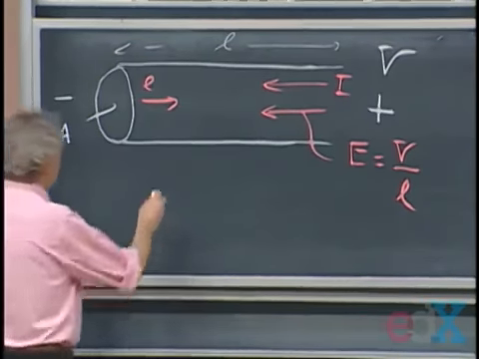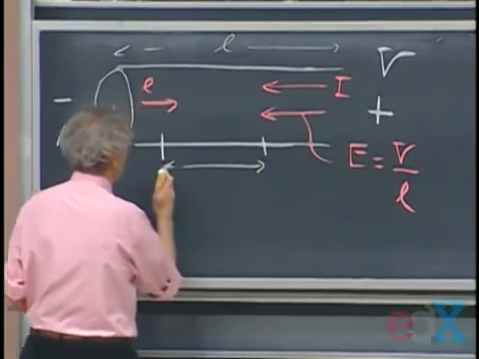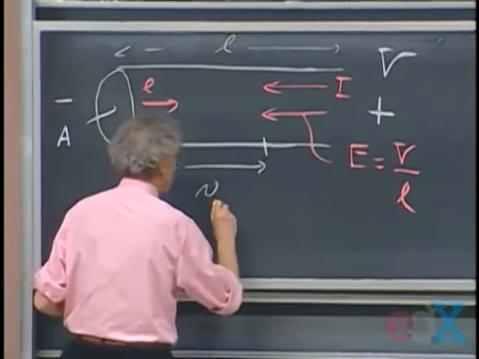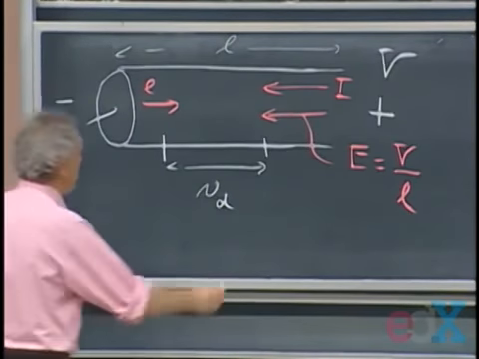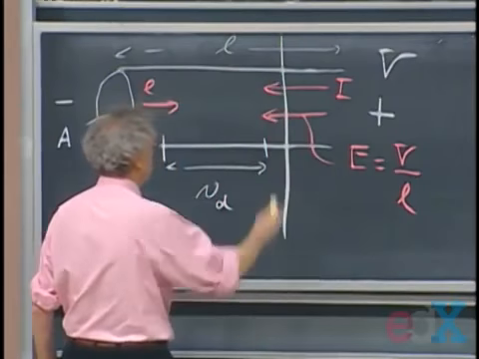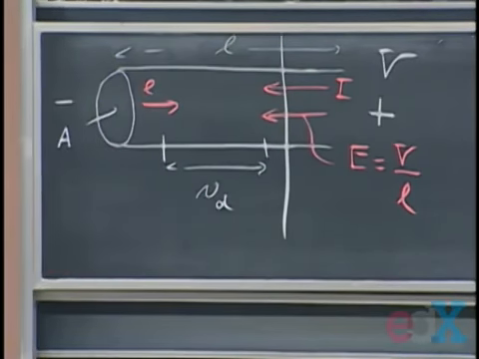In 1 second, these free electrons will move from left to right over a distance v_D meters. So if I make any cross-section through this wire, anywhere, I can calculate how many electrons pass through that cross-section in 1 second.